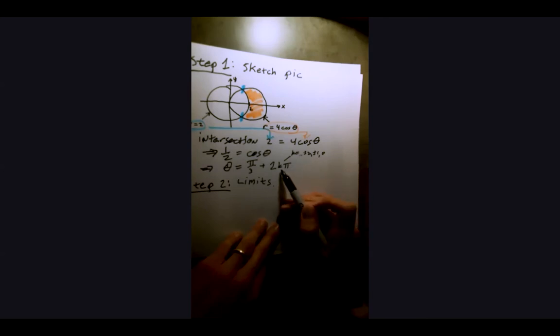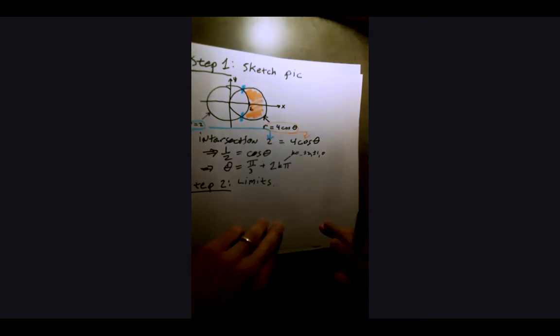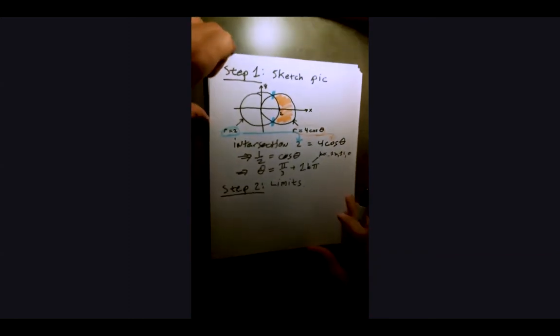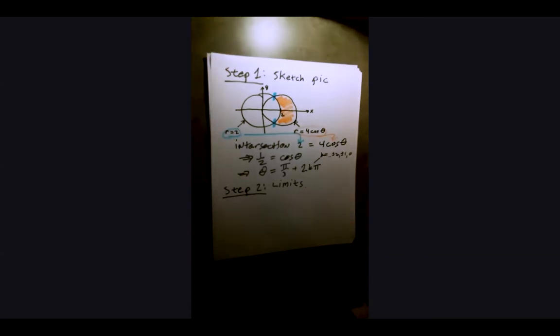So this would be 2 pi, 4 pi, 6 pi, 8 pi, or it could be 0 pi, or negative 2 pi, negative 4 pi, negative 6 pi, et cetera, et cetera. Does that make sense? Thanks. No problem. All right, that's great.